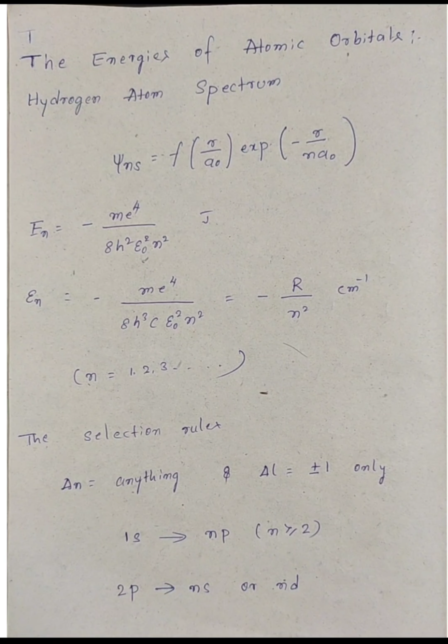Here m is the mass of the electron, e is the charge of the electron, h is Planck's constant, epsilon naught is the permittivity of free space, and n is the principal quantum number. The capital En is in joules.